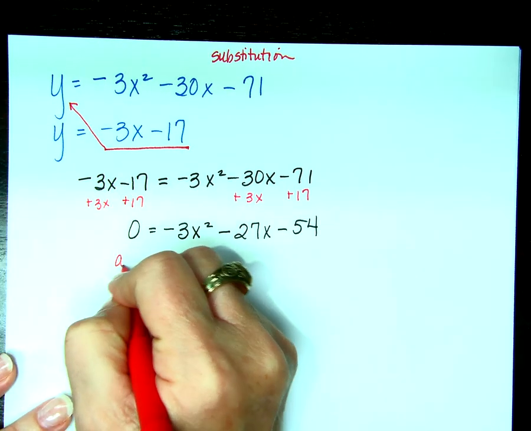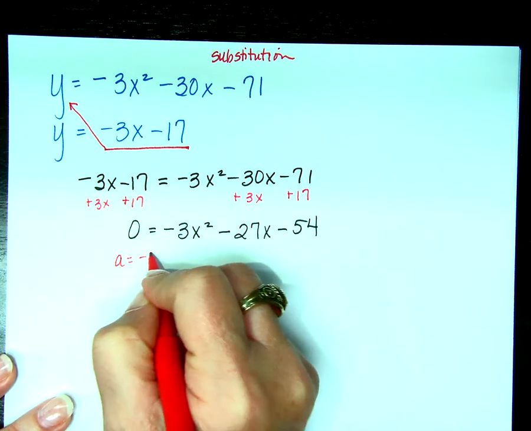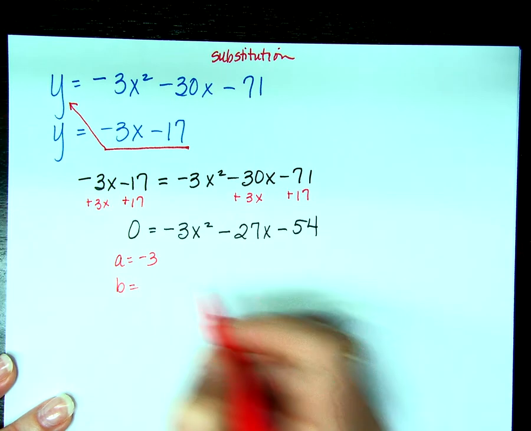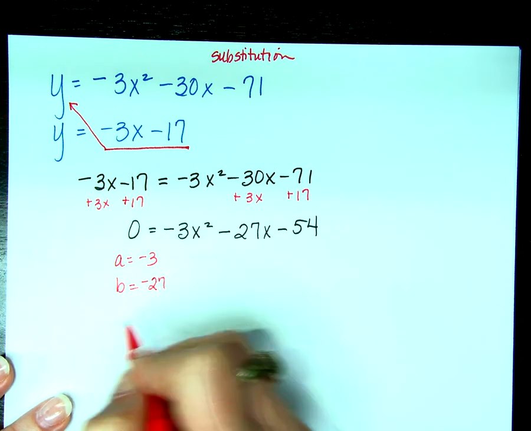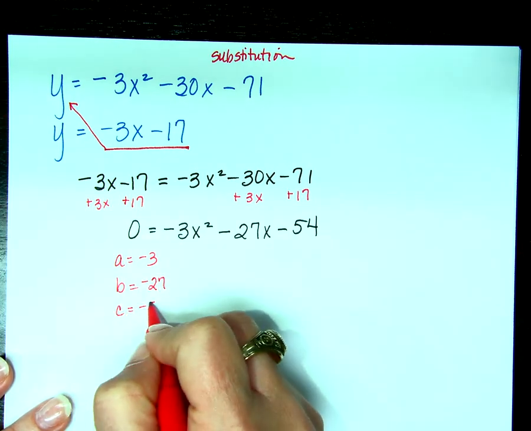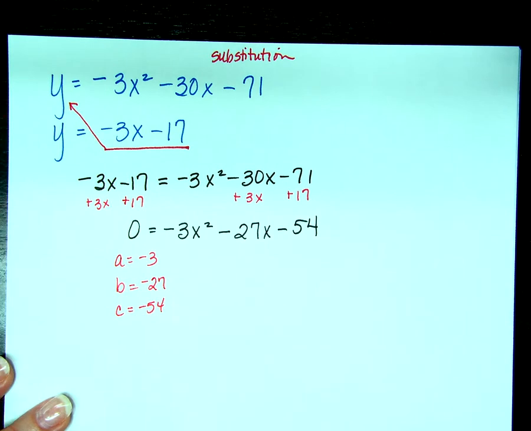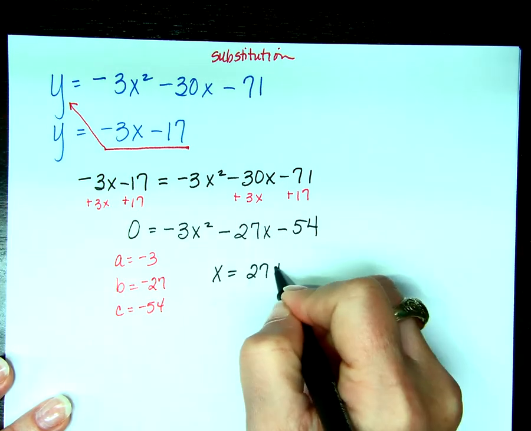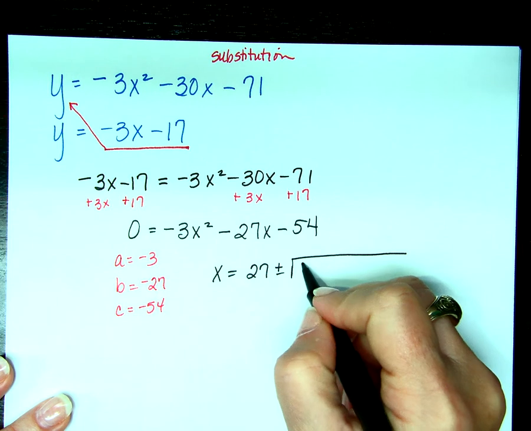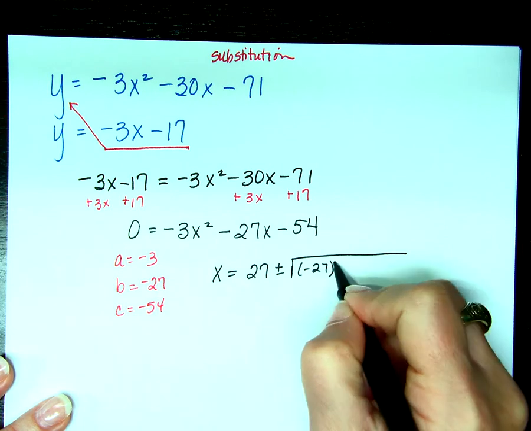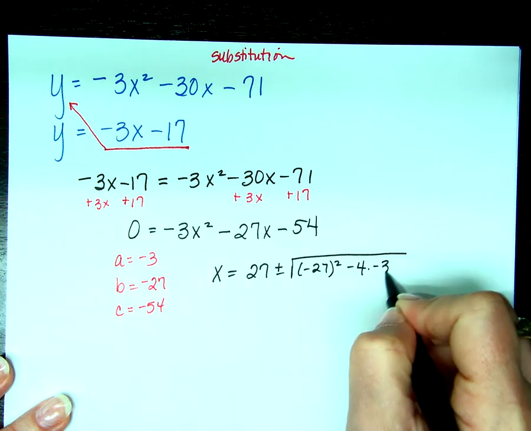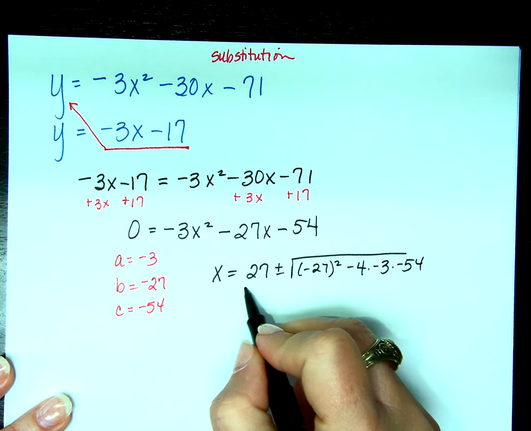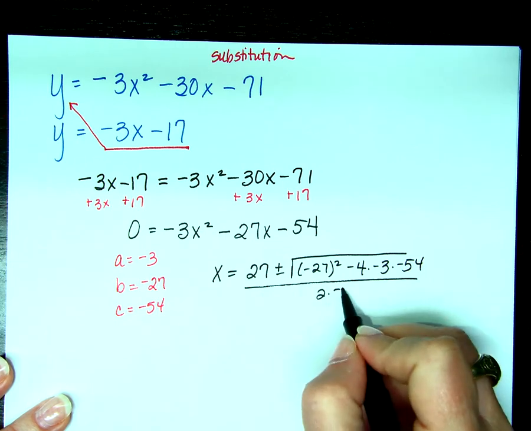What's A? -3. What's B? -27. And what's C? -54. x equals -b plus or minus the square root of b squared minus 4ac, all over 2a.